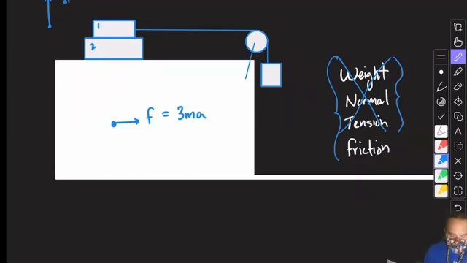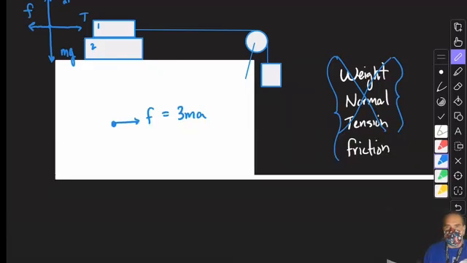I mean, there's tension to the right. There's weight downwards, and I believe the weight downwards would have to be equal to that normal force, 2 on 1. But there'd also have to be friction to the left. Now, this friction to the left has caused some consternation.